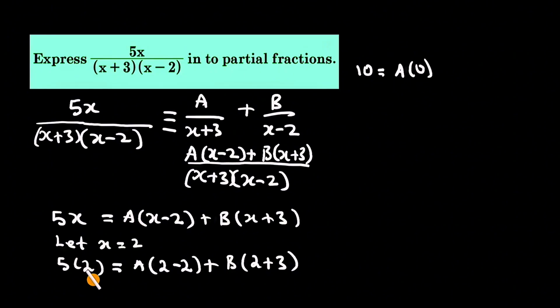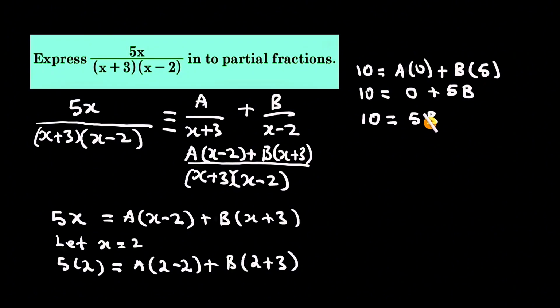You know, 5 times 2 is 10 and 2 minus 2 is 0. That is plus B into 5. 2 plus 3 is 5. That means 10 is equal to 0 plus 5B. A times 0 is 0 and B times 5 is 5B. You know, bracket means times. That is 10 is equal to 5B, since 0 plus 5B is 5B.